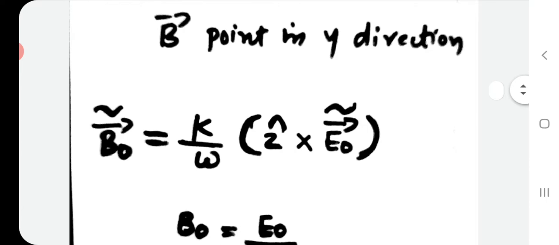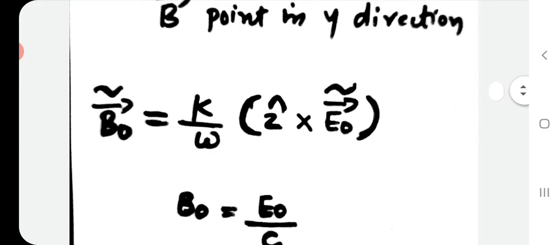The complex amplitude of the magnetic field B0 is equal to k by omega times the unit vector z, the direction in which the electromagnetic wave is traveling, crossed with the complex amplitude of the electric field, where the electric field is pointing in the x direction.